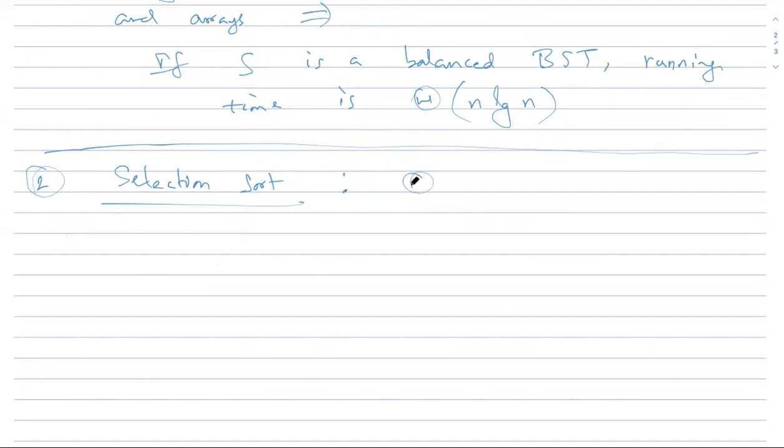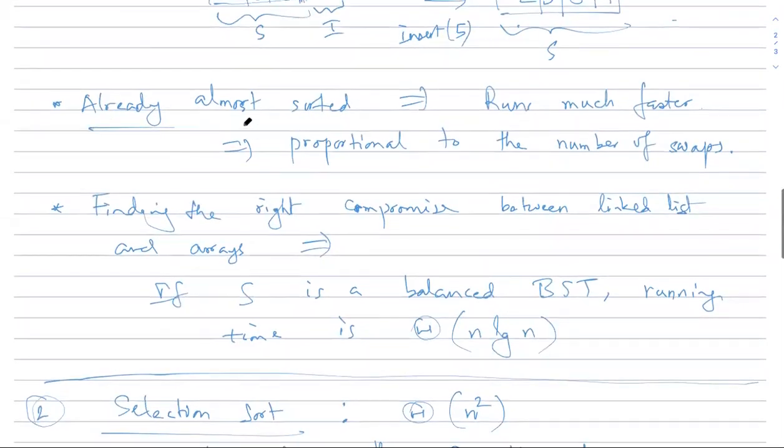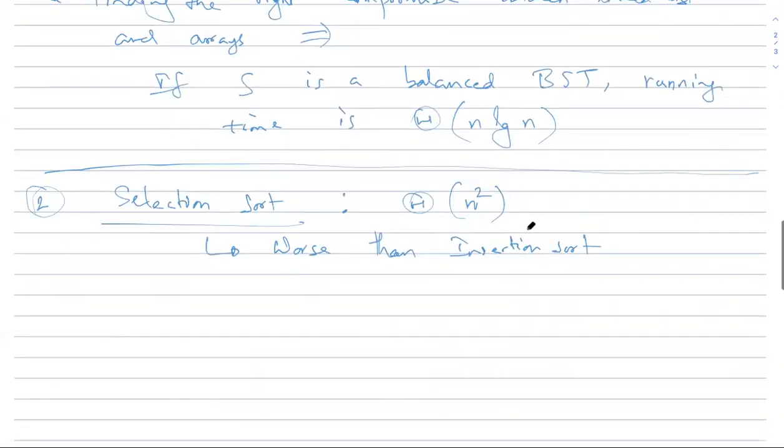This also has a quadratic complexity, order of n square. In fact, selection sort is actually worse than insertion sort, in the sense that in the case of insertion sort, when it's almost already sorted, it typically runs much faster.